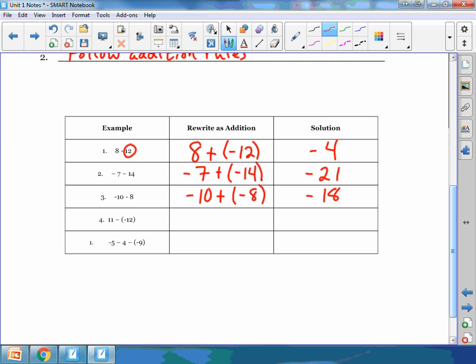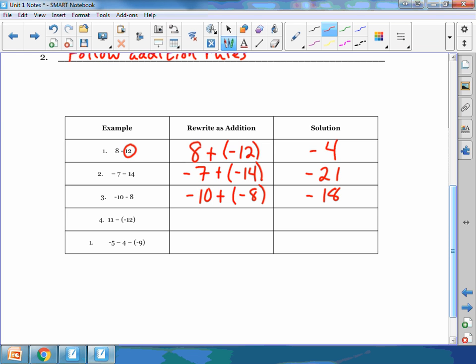We're on number 4. Number 4, what'd you say? No. And it's not going to be negative 11.